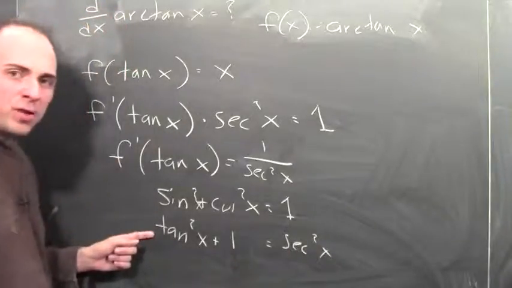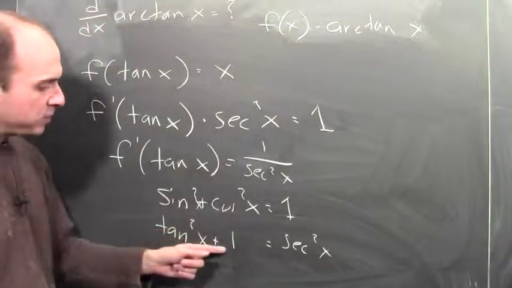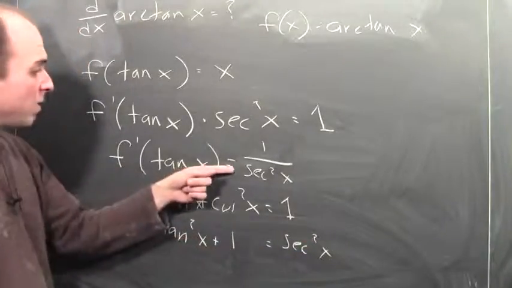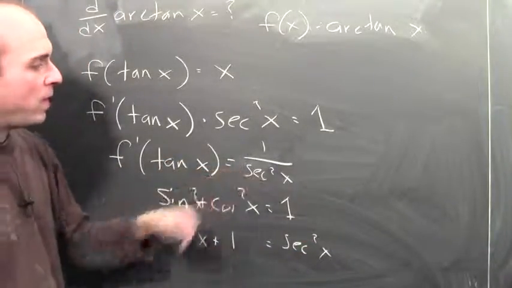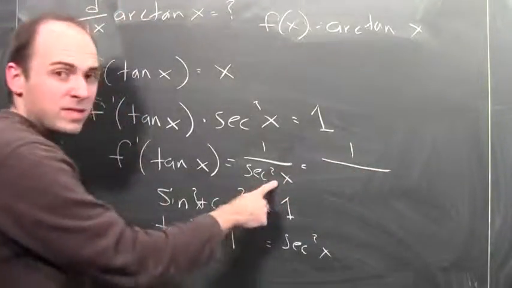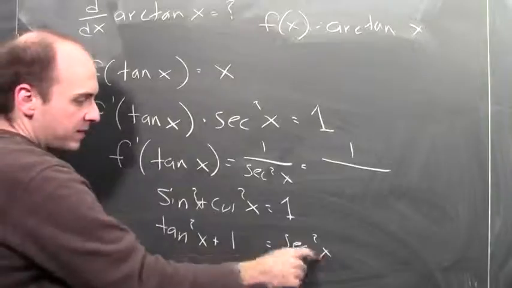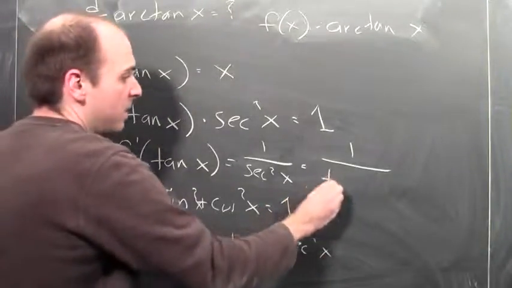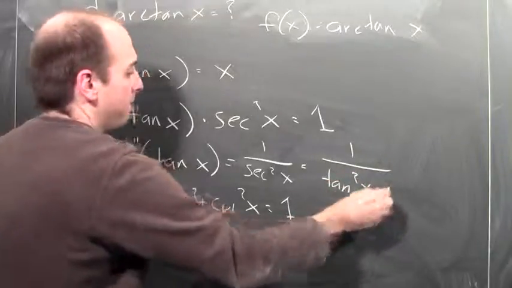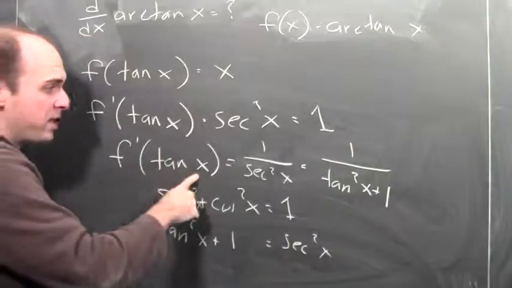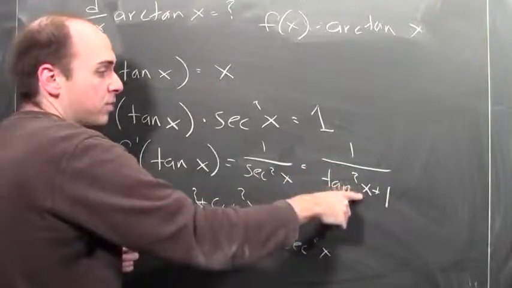So here's another trig identity. Tangent squared x plus 1 is secant squared x. So up here, where I've got 1 over secant squared x, I could have written this as 1 over, instead of secant squared x, I'll use the fact that secant squared x is tangent squared x plus 1. I'll put that in here, and I get that the derivative of f, the derivative of arctan, at tangent x is 1 over tangent squared x plus 1.